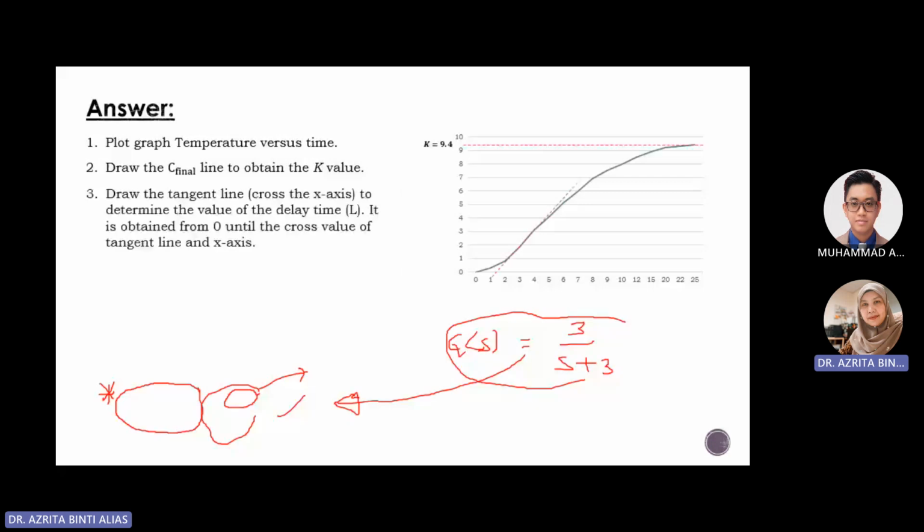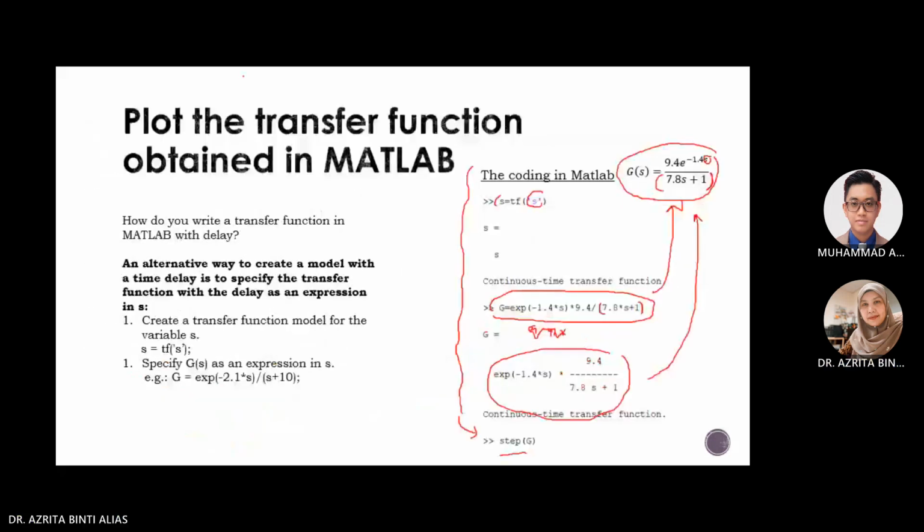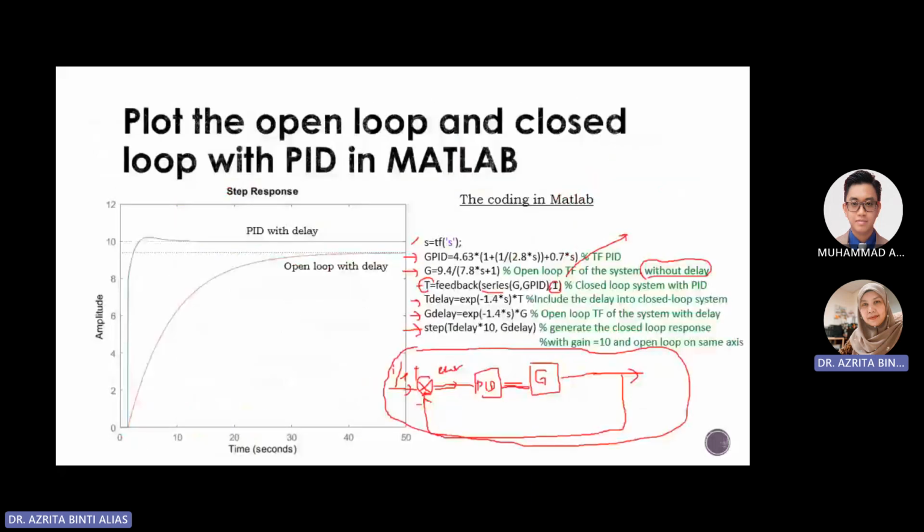So we multiply the closed loop system with 10, since when you give the step, step refers to 1/S, which gives 1, but our final value is 10. And then a comma, because we want to plot both graphs, the PID with delay and also the open loop with delay. So we just put a comma, G delay. So this is the step response that will be displayed.